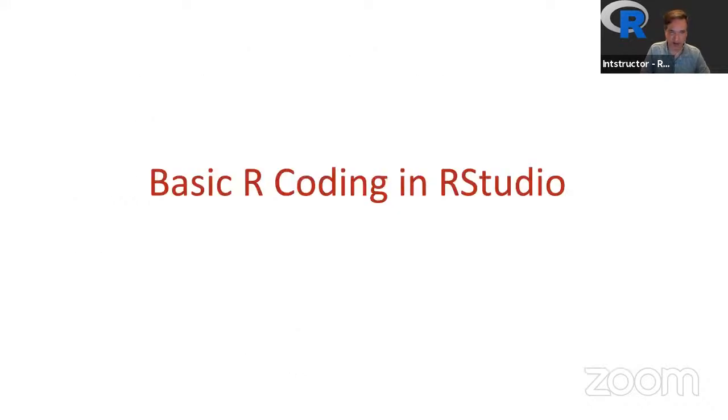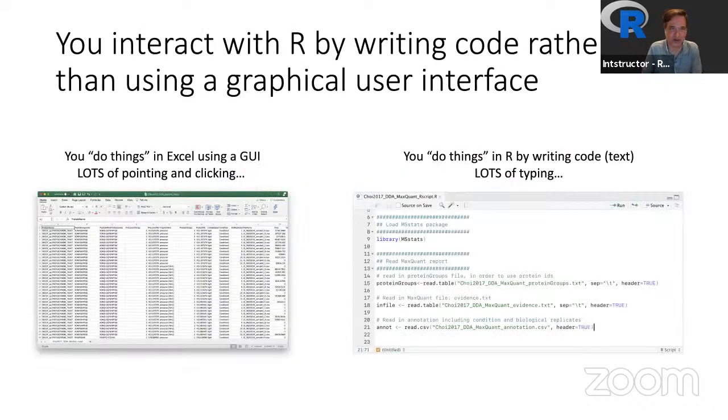Okay, great. Now we're actually going to get into some R code, actually typing some R code. Again, we're taking this very slowly, but step by step, we're going to do some stuff. So first, things about R and how we actually interact and work with R. I want to contrast that with how we often work with data in other kinds of software packages that are more graphical user interface based, so GUI based software packages.